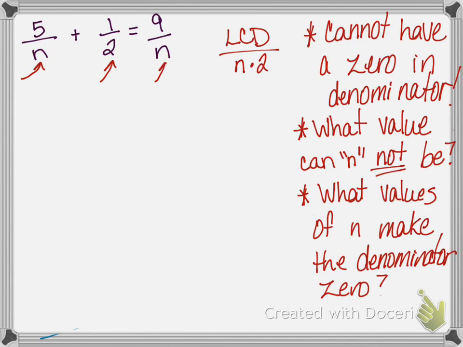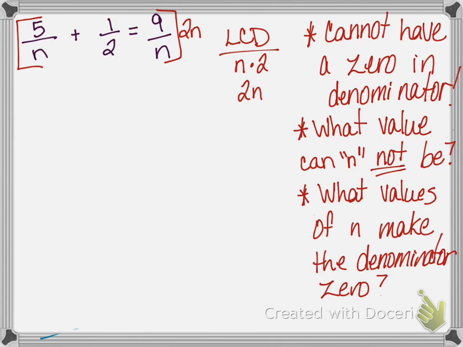My third denominator has an n in it. Do I have an n already accounted for? Yes. So my LCD is going to be 2n. So I am multiplying everything times 2 times n.